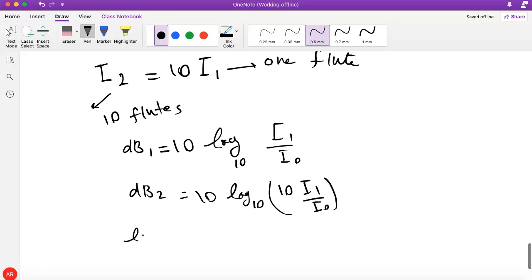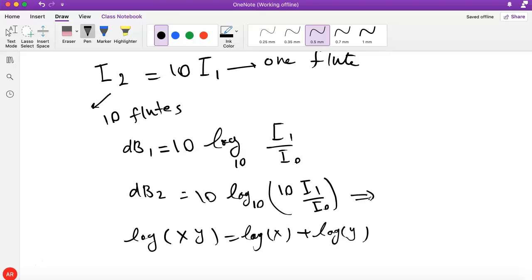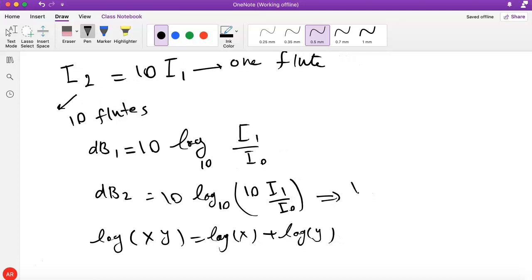So remember, log of xy is log x plus log y. So this just becomes 10 times log base 10 of 10 plus log of I1 over I naught.